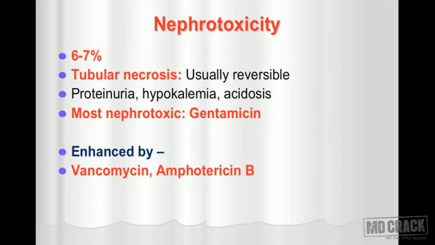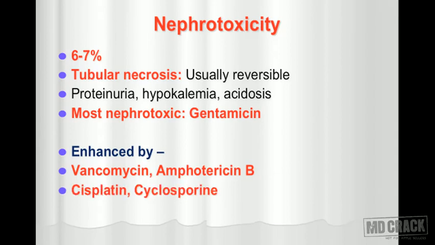Vancomycin is extremely nephrotoxic, so you will have to take precaution while giving an aminoglycoside and vancomycin together. Sometimes you are in such a situation. The second important nephrotoxic drug is amphotericin B, a useful broad spectrum antifungal agent, whose main drawback is very severe nephrotoxicity. So you need to take care if your patient is receiving an aminoglycoside and amphotericin B.